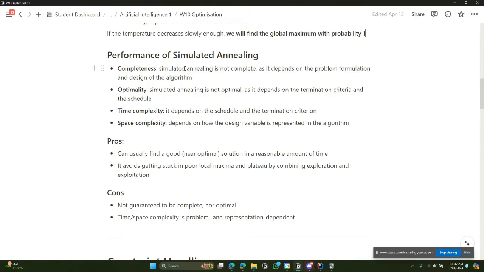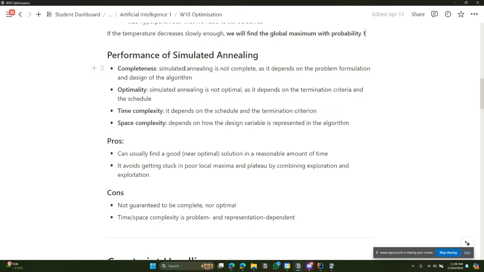Meaning it's unreliable because this means that it's very prone to problems with your formulation. So if your formulation of the problem is valid and good, and you've defined all of the key things like the objective function, the design variable, search space, constraints, you've designed all of those well, your algorithm could be complete.